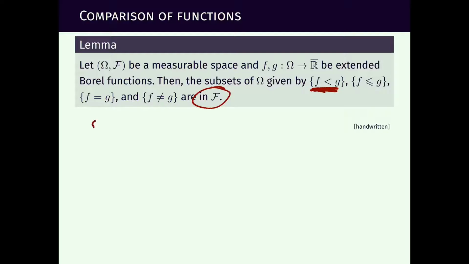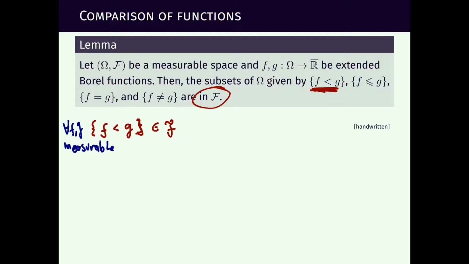If we know already that the set where f is less than g is a measurable set whenever f and g are extended Borel functions, then we can exchange the roles of f and g, because this would hold for every f and g measurable.